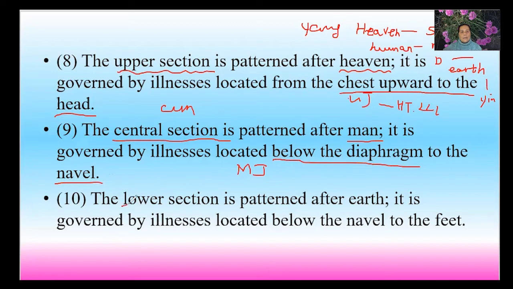Then the low section, that's the relationship with the earth. That's the illness below the umbilical to the feet. So that's the three sections, talking about the illness relationship, the location.